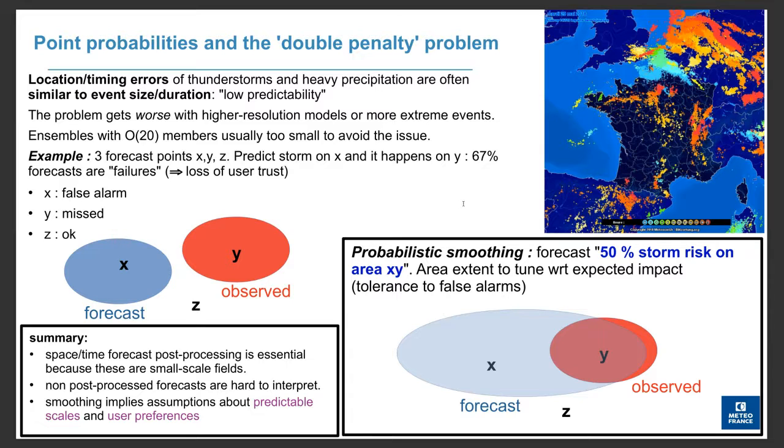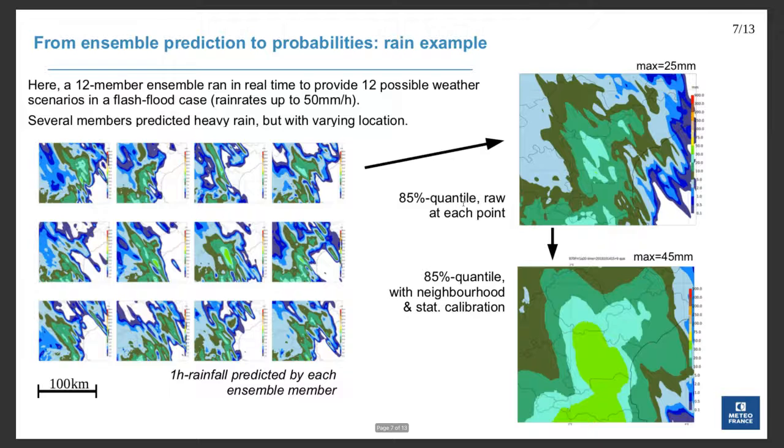So to issue probability forecasts, the tool of choice is the ensemble prediction. As you know, ensemble prediction is the process of running in parallel several numerical forecasts that are perturbed in such a way that they represent a sample of the possible future evolution of the atmosphere.